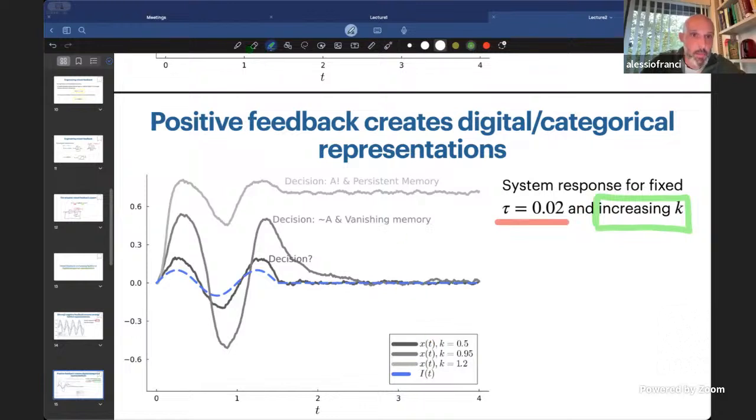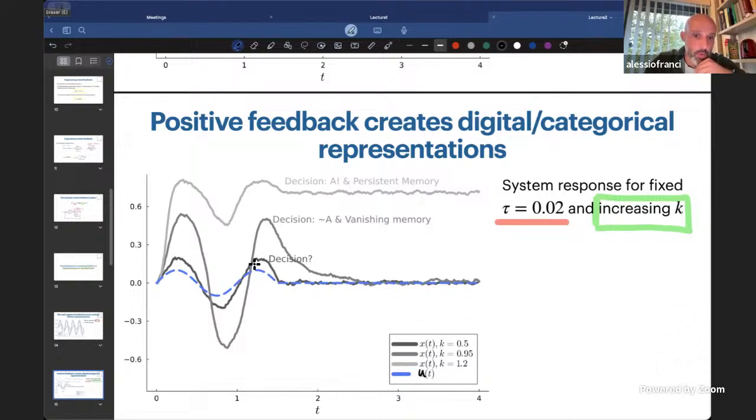And again, the dashed blue curve is the sensory stimulus, the input. And in the different shades of gray, you have different strengths of positive feedback.